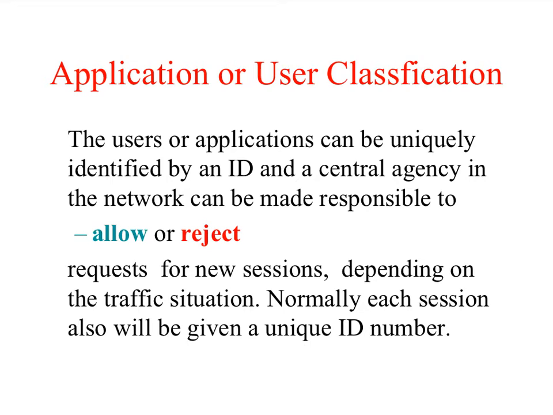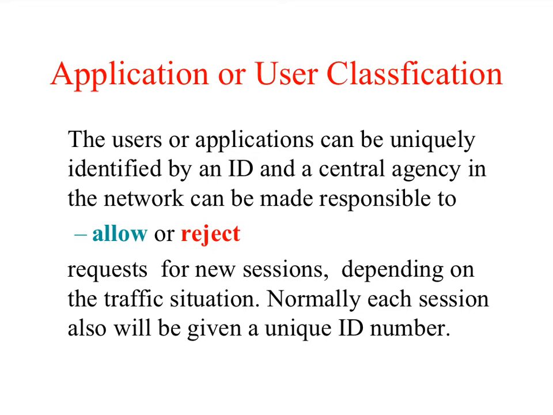So for example, when a user logs in to the system, this user gets identified by a user ID and password. These user credentials identify the user, so based on these credentials, we can provide special behavior based on the user identity.